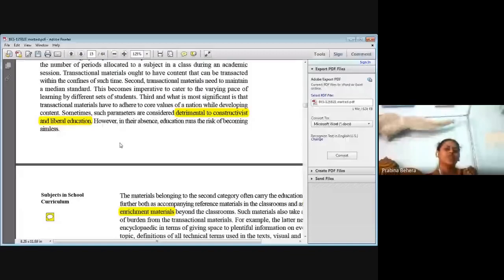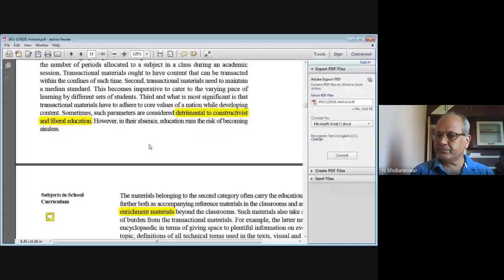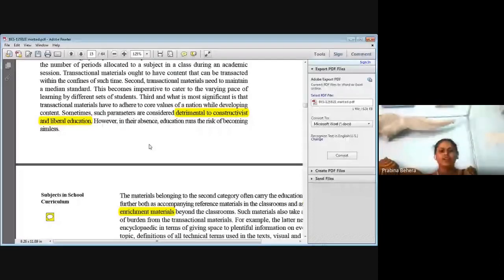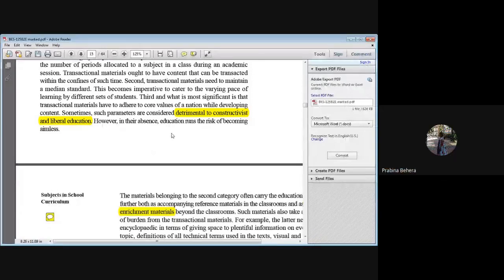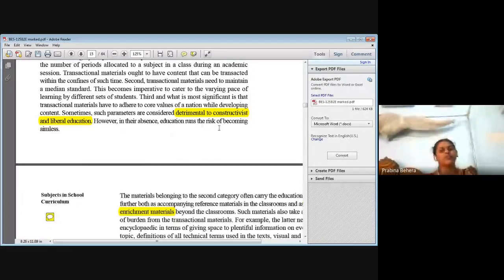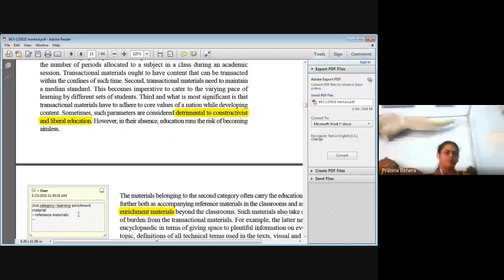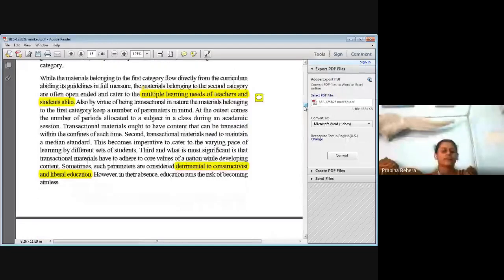For knowledge construction, or for liberal education, the prescribed material damages the principle of constructivism and liberalism. And the second category material is learning enrichment material. They are not prescribed, they are accompanying material.